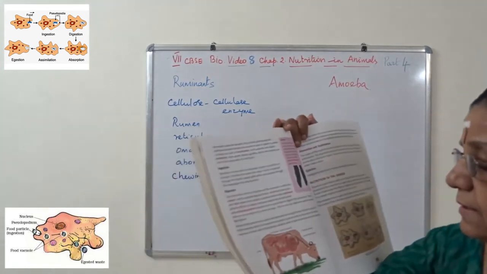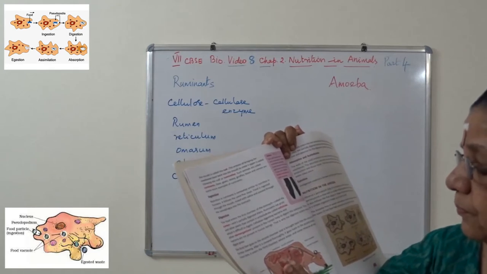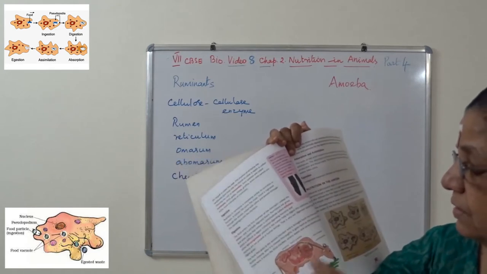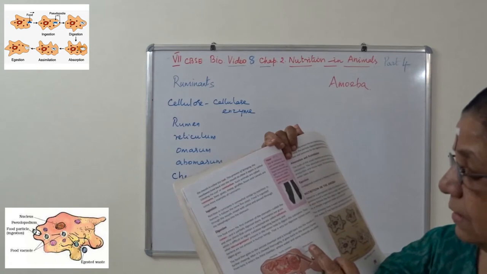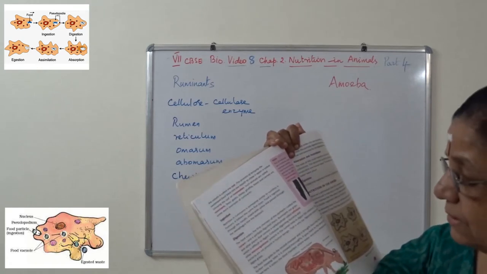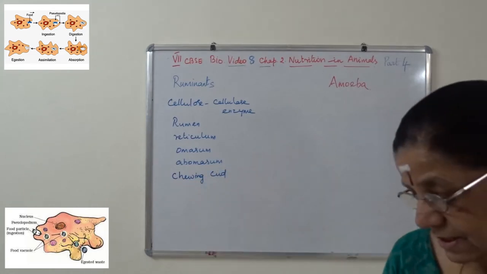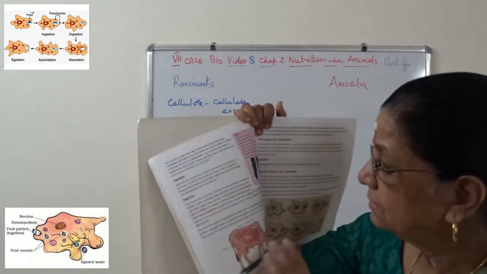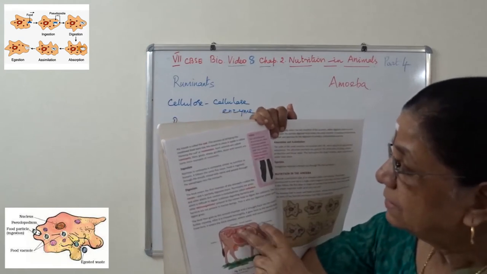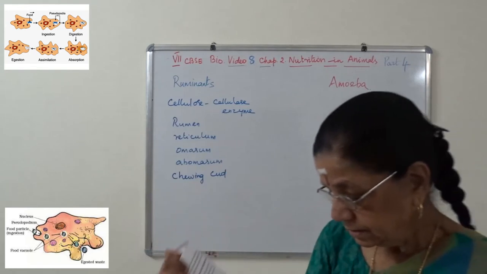This is the digestive system: first rumen, second reticulum, omasum and abomasum. This is the first chamber, first, second, third, and it is just this way, right? And then the intestine. I hope you follow.